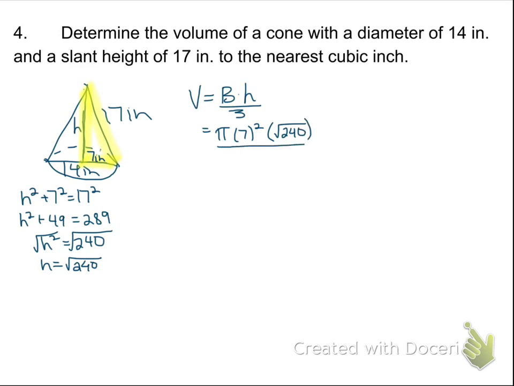And then we're going to take that answer and divide it by 3. And again, make sure you have that dividing by 3 in your original formula. Don't just find the volume as if it were a cylinder and then divide by 3 at the end. Show it in your work all the way along. So it says to the nearest cubic inch. So we get 794.9. So to the nearest cubic inch, that would be 795 inches cubed for that cone.